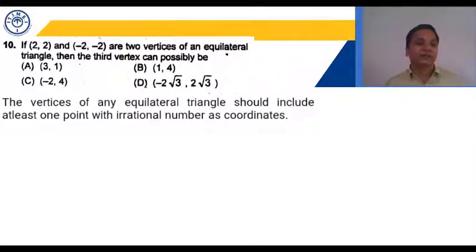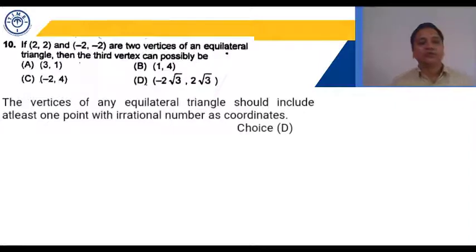Just imagine, you start solving the question by assuming the third vertex, then apply different formulas, and that's not the point of solving. Just the statement has to be remembered. The vertices of an equilateral triangle should include at least one point with irrational numbers as coordinates. So if we go with this, we had only one choice with irrational numbers as coordinates, that is choice D. I hope this is clear.